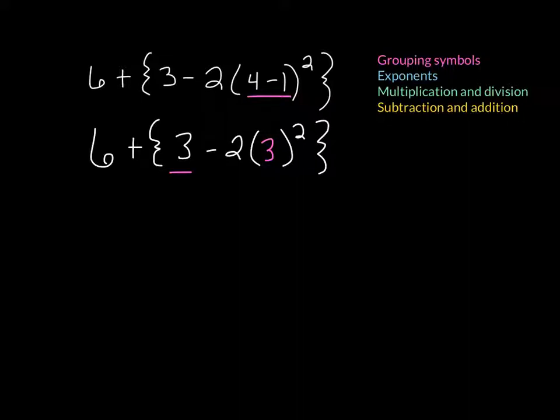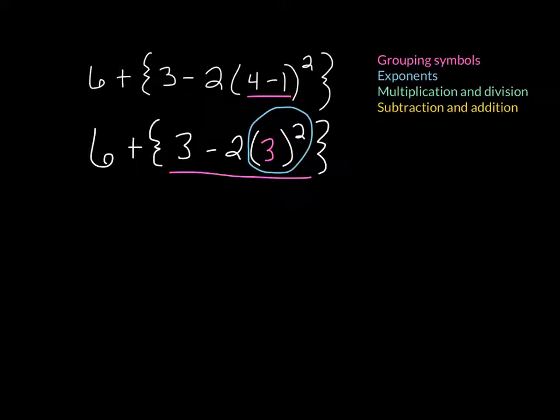Now we have all of this inside the grouping symbol that needs to be solved. We have subtraction, we have multiplication, we have an exponent. Exponents would come first before multiplication or the subtraction.